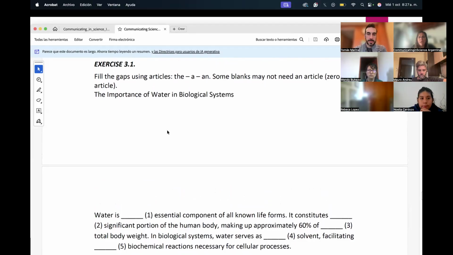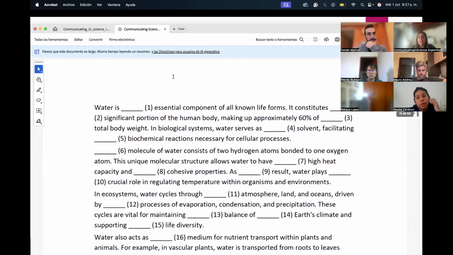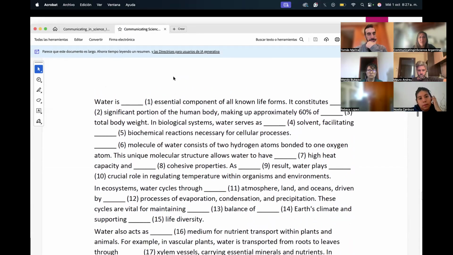So we had ChatGPT create this beautiful short text for us to use as a fill in the blanks exercise. You have to use the, a, or an, or in some cases no article, the zero article, to complete this short text.